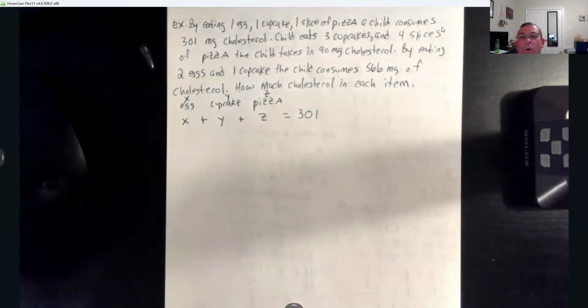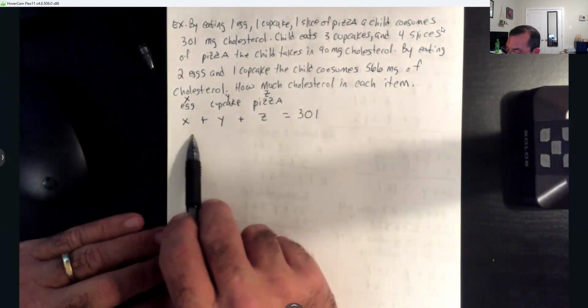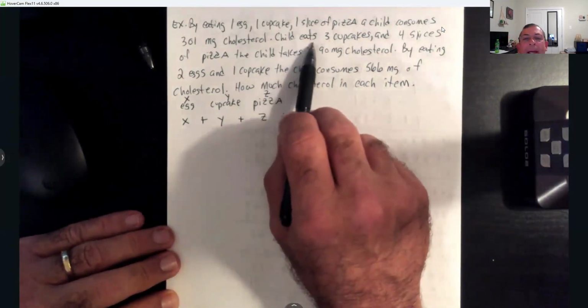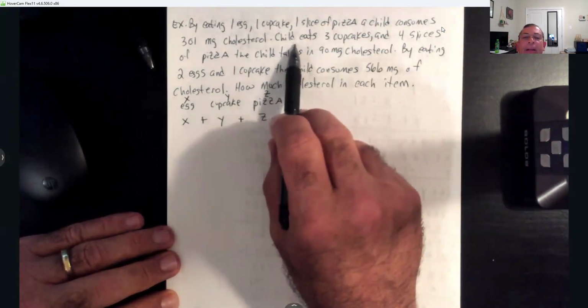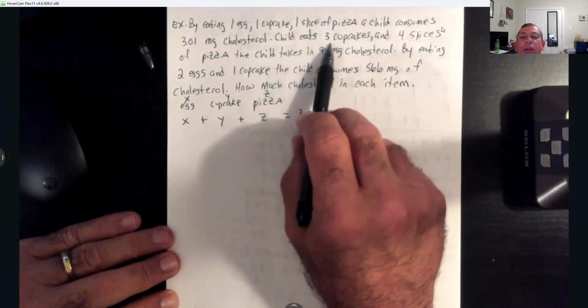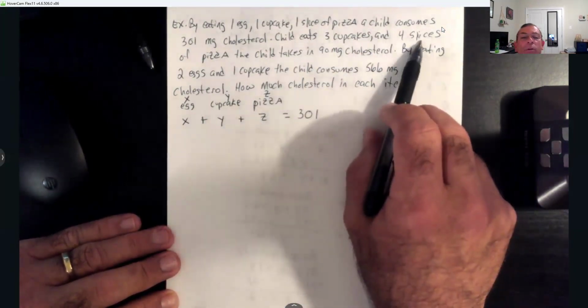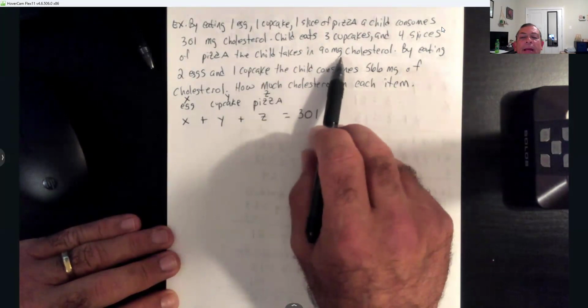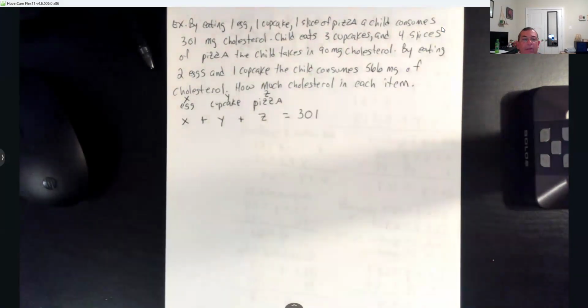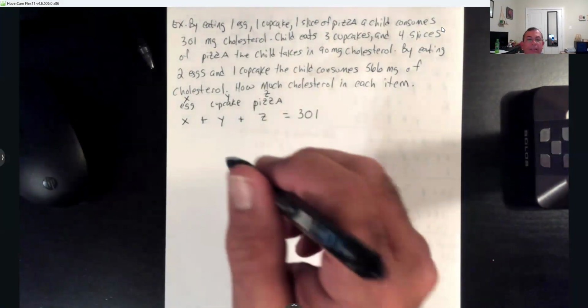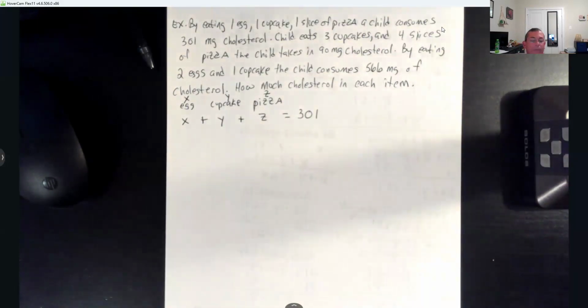So y'all, what I want to know is, what equation could we make for the second line? This one says the child eats 3 cupcakes and 4 slices of pizza. They take in 90 milligrams. So are y'all going to use X's, Y's, and Z's, and then what are they going to equal?